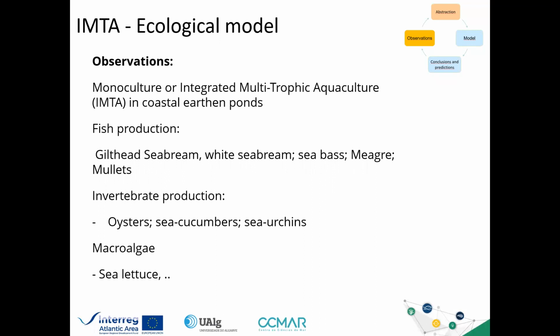We are working with different fish species, such as the gilthead sea bream, the white sea bream, the sea bass, the meagre, and the mullets. In the IMTA system, we also include oysters, and later we will include sea cucumbers and sea urchins. We also have macroalgae, for instance, sea lettuce.